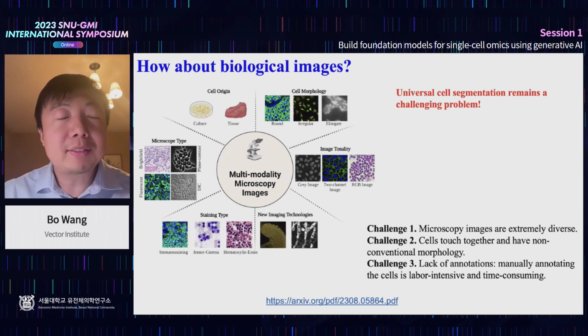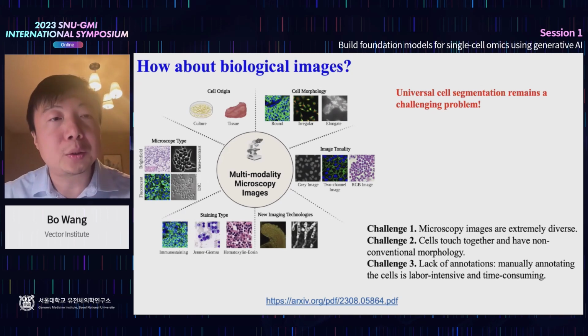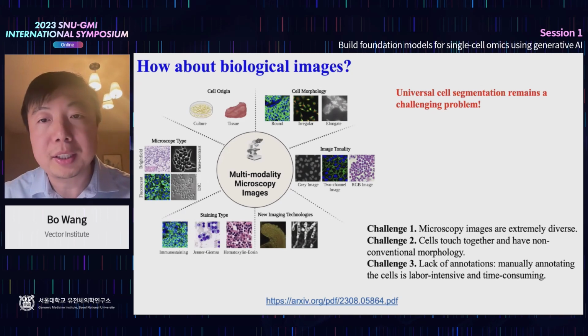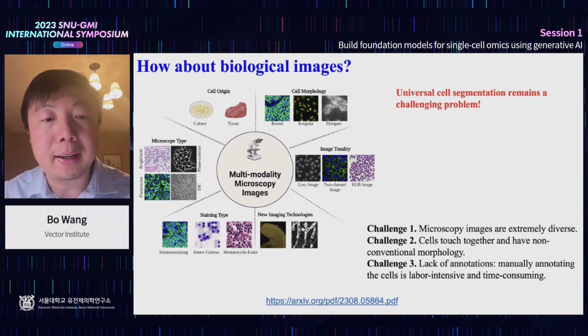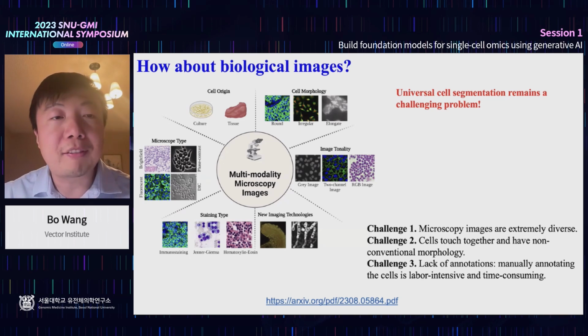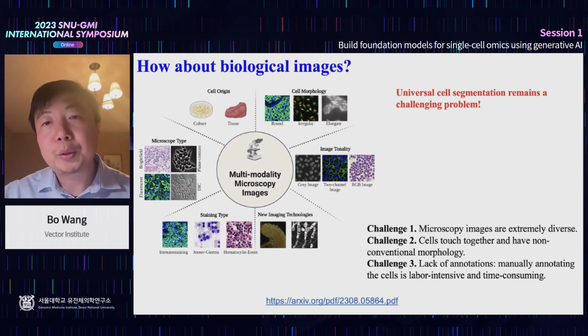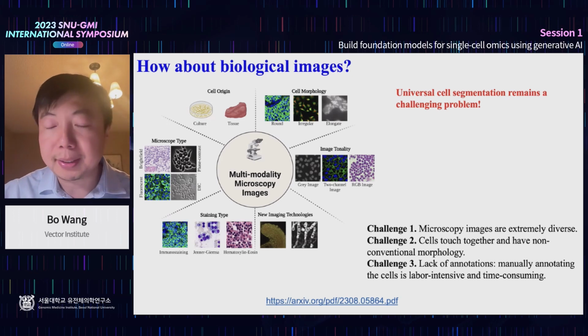In order to get community efforts started to develop a foundation model for biological images, in 2022 at NeurIPS, which is the largest AI conference, we organized a challenge to provide biological images and invite computer scientists from all over the world to work together and curate this foundation model.